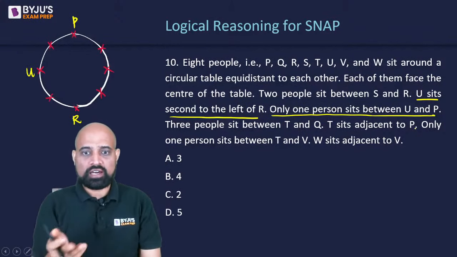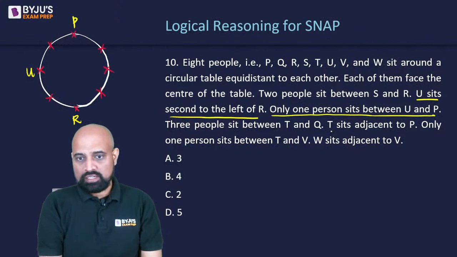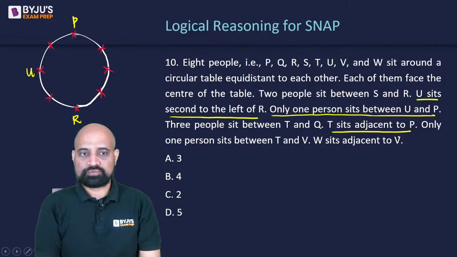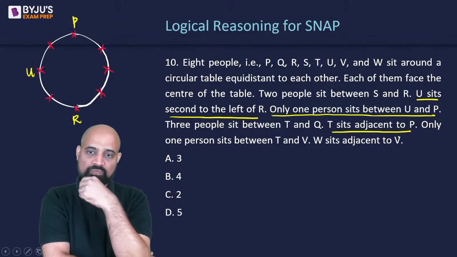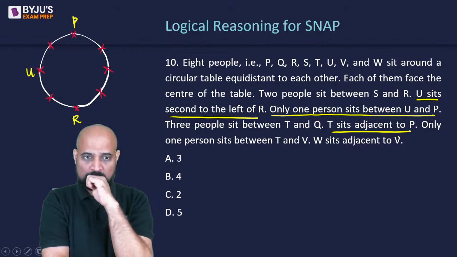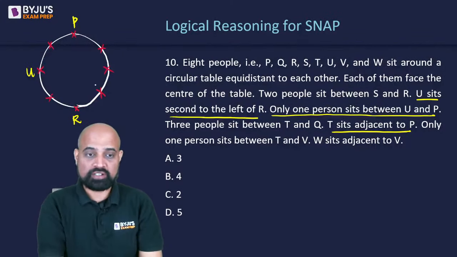Next, search for R and P. P के लिए इधर है. T sits adjacent to P. And three people sit between T and Q. So we will have to start someplace. ठीक है, किसी एक जगह तो शुरू करना ही पड़ेगा.